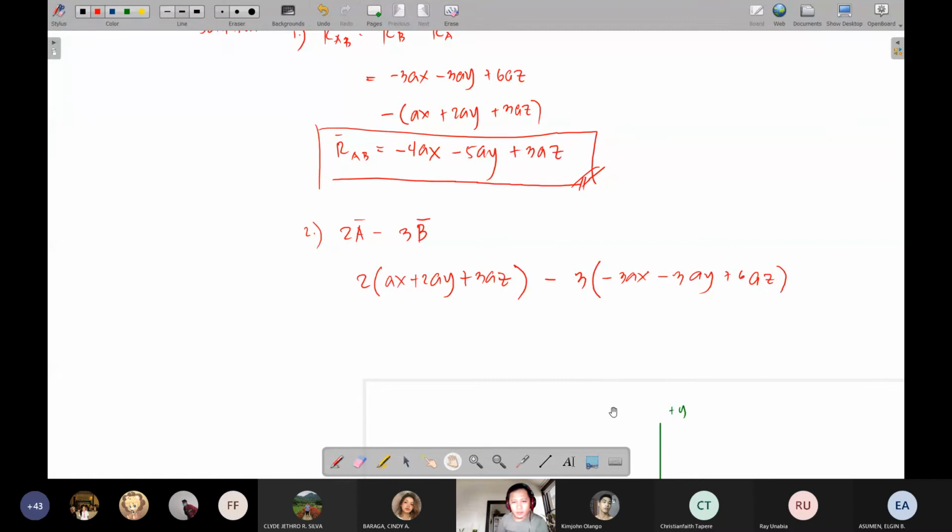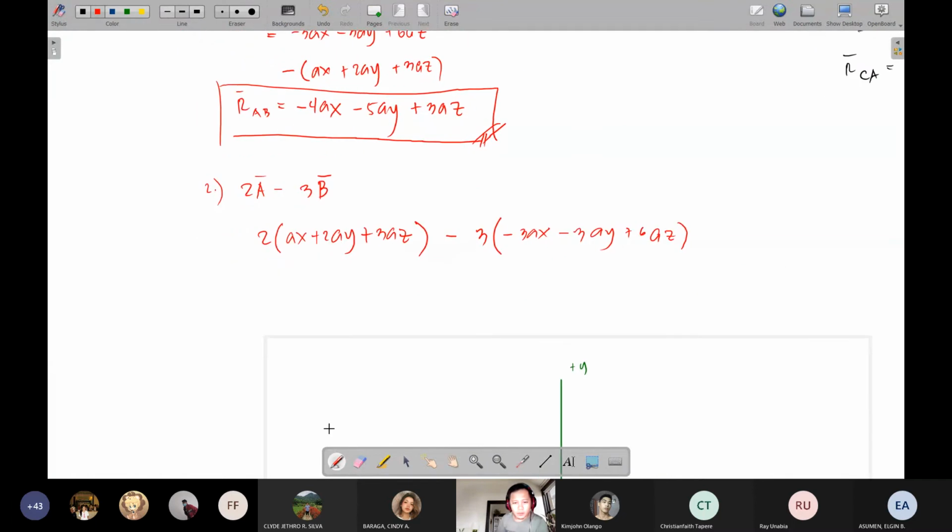That would become 2ax plus 4ay plus 6az minus 9ax. Oh, it becomes plus, since it is minus negative. So it becomes plus, then minus negative, plus 9ay minus 18az.